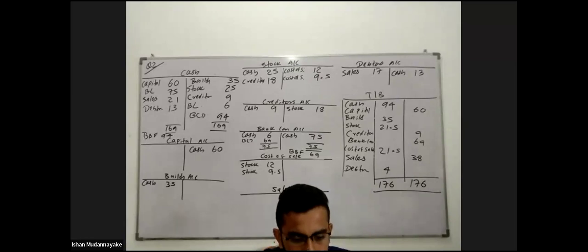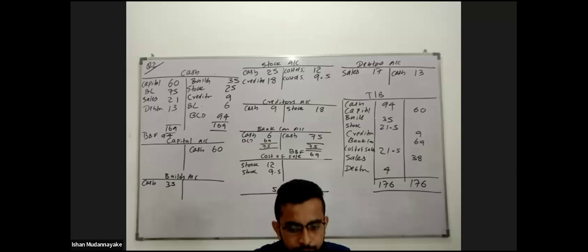Okay, Abhishek. 176,000, okay. And then students, question number 1, okay, 2, okay.